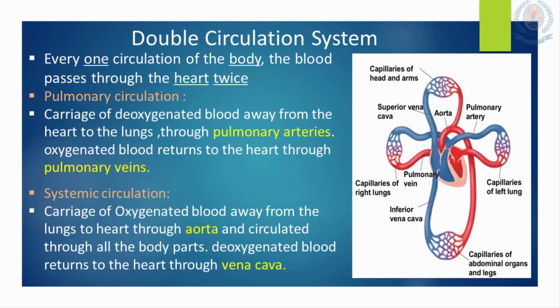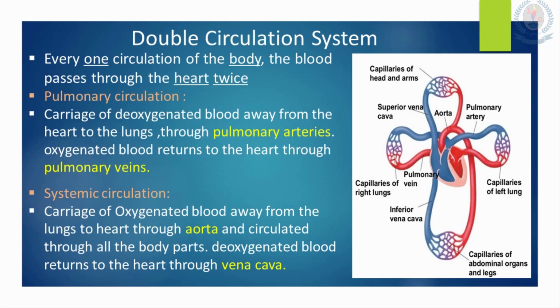That's the meaning. So in our circulatory system, there are two separate circuits. What are they? The pulmonary circuit and the systemic circuit. The pulmonary circuit is between the heart and the lungs, and the systemic circuit is between the heart and the other organs.